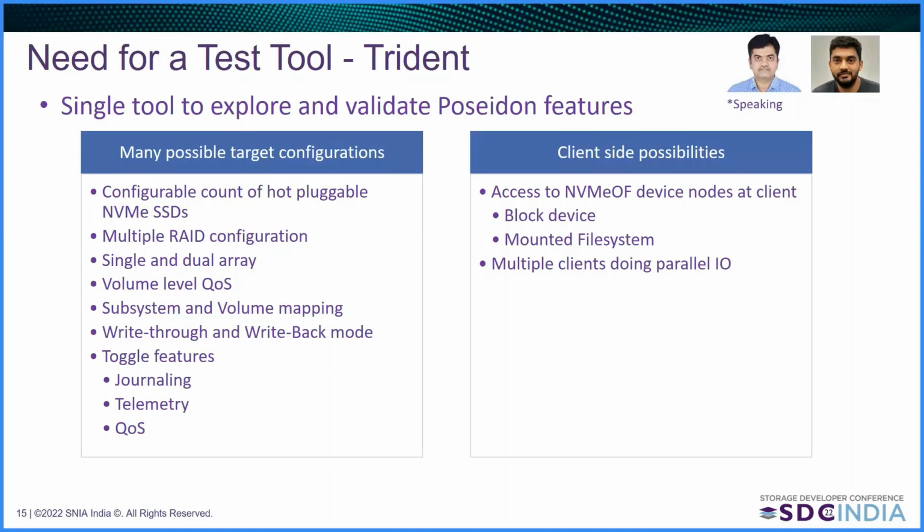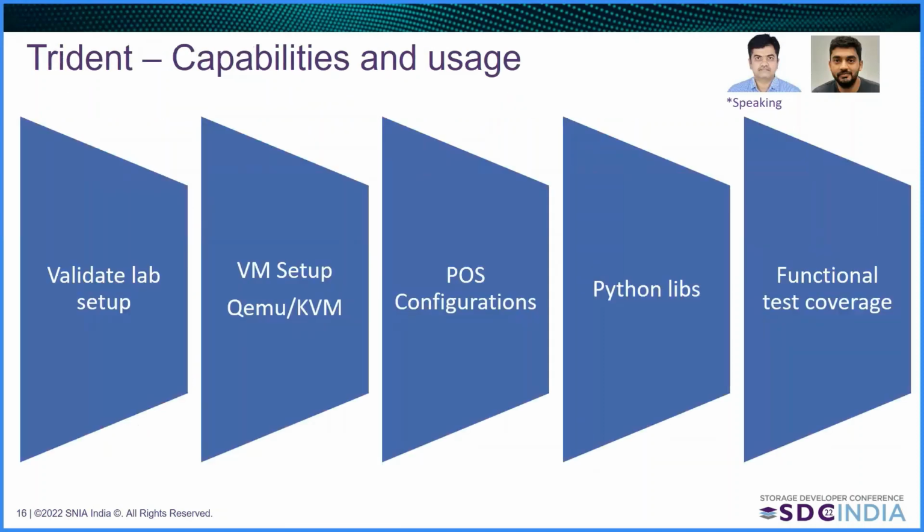To help customers and users exercise all these configurations, we have developed a test tool in Python. So let's look into the capabilities and usage of Trident. The first and foremost requirement from Trident is to validate the lab setup.